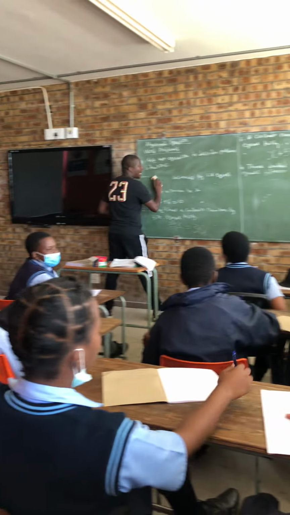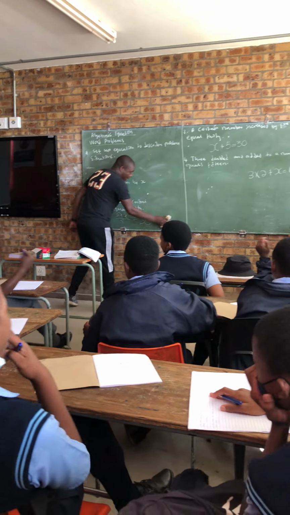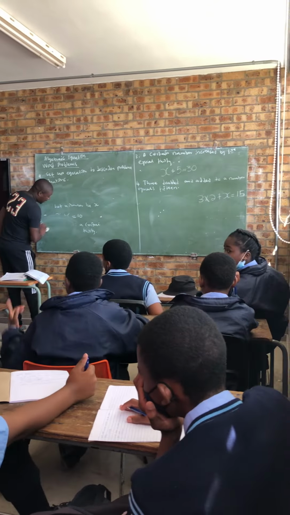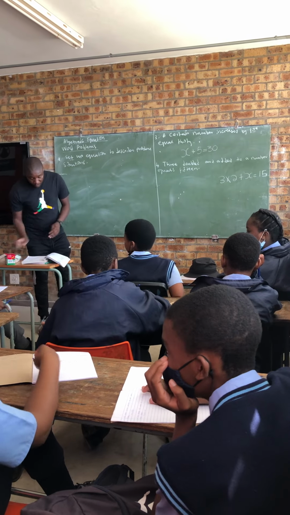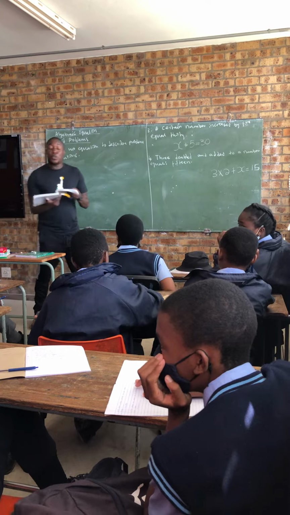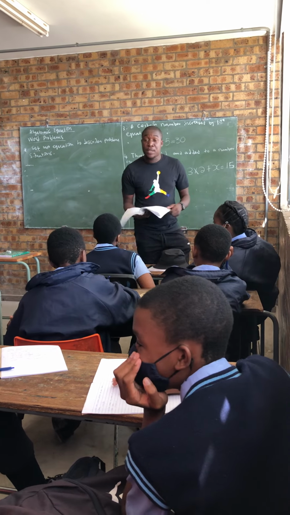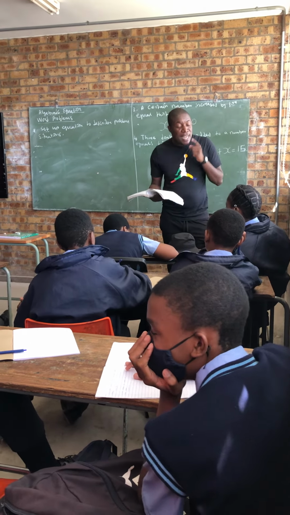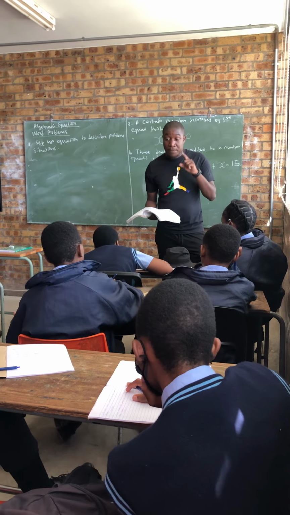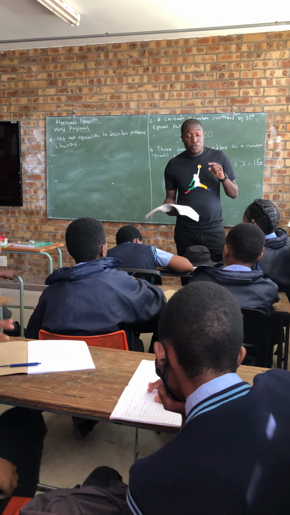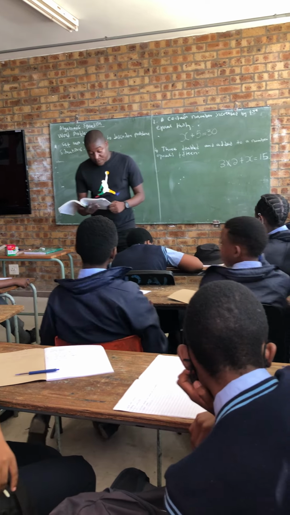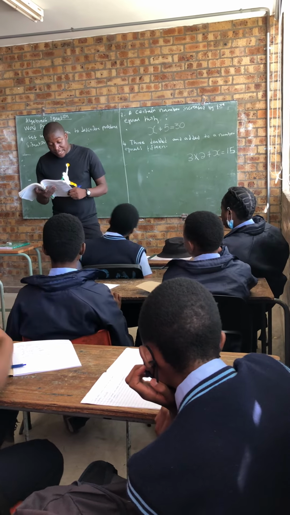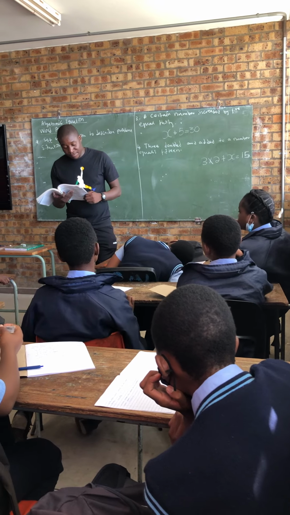Because remember, we are describing a situation here. Now I want to read this for you so that you can analyze it and set up the equation, and we're going to solve it together. Listen properly. Zinzi is a florist.